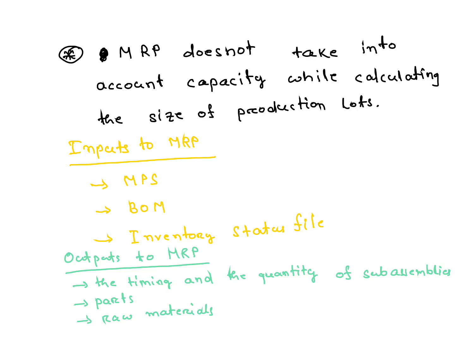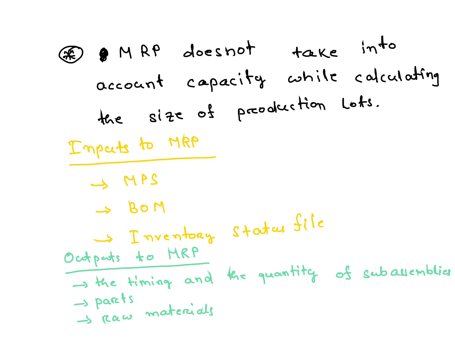Then inputs to MRP, materials requirement planning. Inputs are MPS, master production schedule, BOM, bill of material, and inventory status file. These inputs also so many times they asked in IES and other exams. So this is also important.